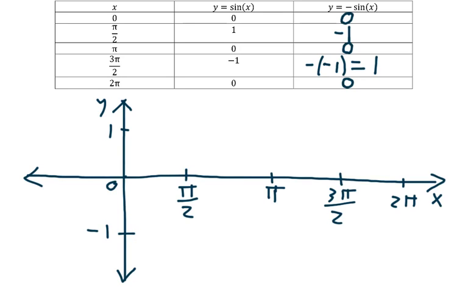So at 0, again, we still get 0. At pi over 2, we're not going to get 1, we get -1. Pi, we still get 0. 3 pi over 2, we get 1, about there. 2 pi, we get 0. So graphing it, we're going to have something like this.